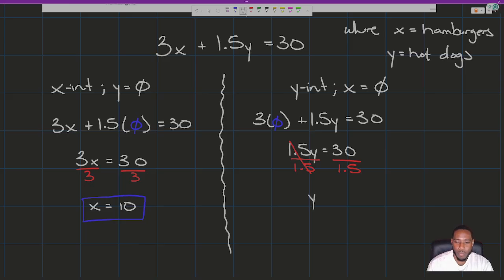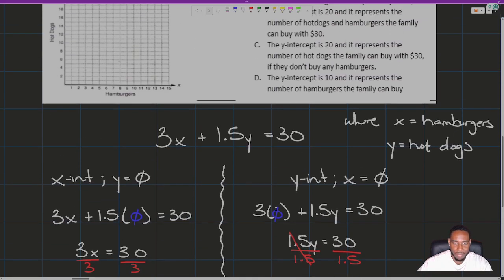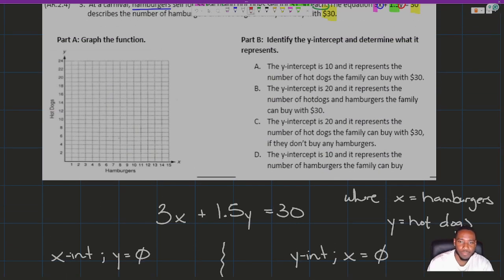And we should end up with y is equal to 20. So we now have our two intercepts. The graph is going to intersect the x-axis at 10. The graph is going to intersect the y-axis at 20, and we have enough information to graph. So I'll plot my first point here, x-intercept at 10, and our second point up here, y-intercept at 20.